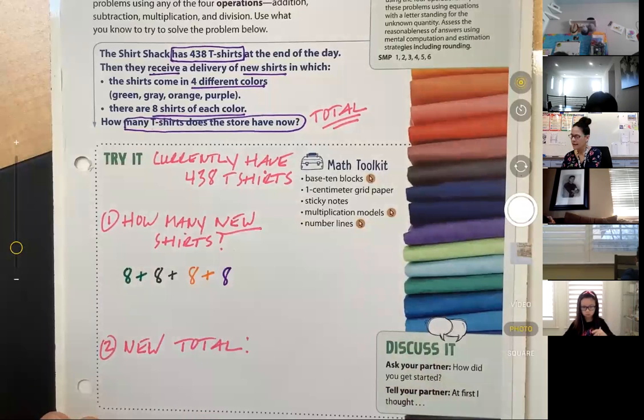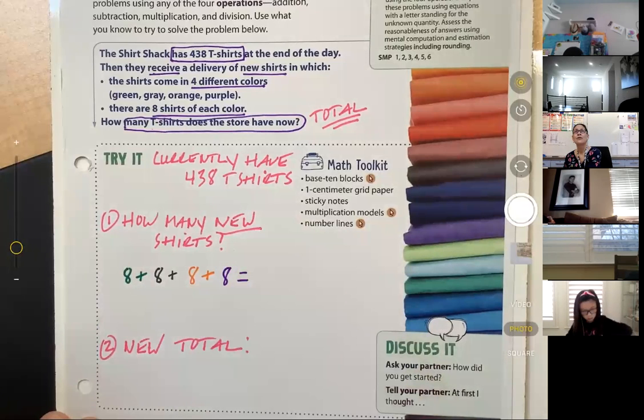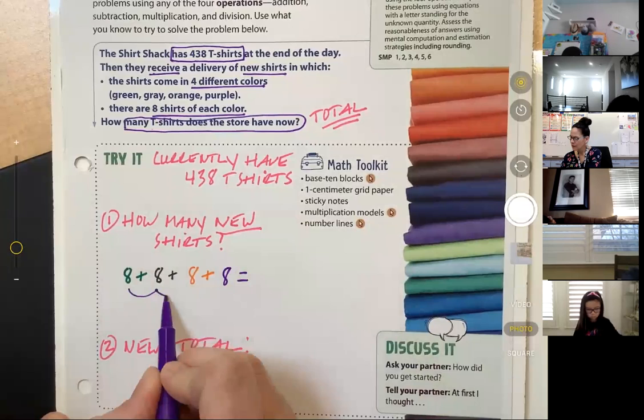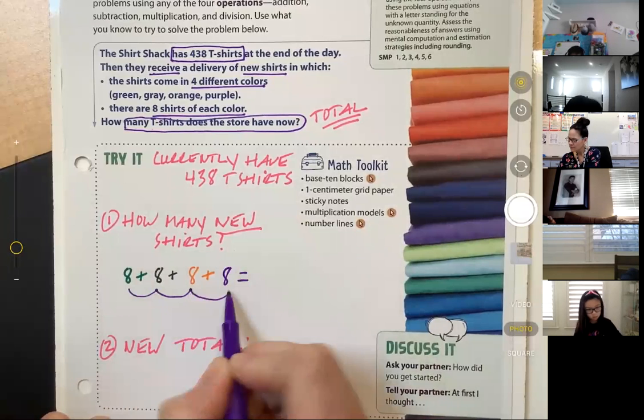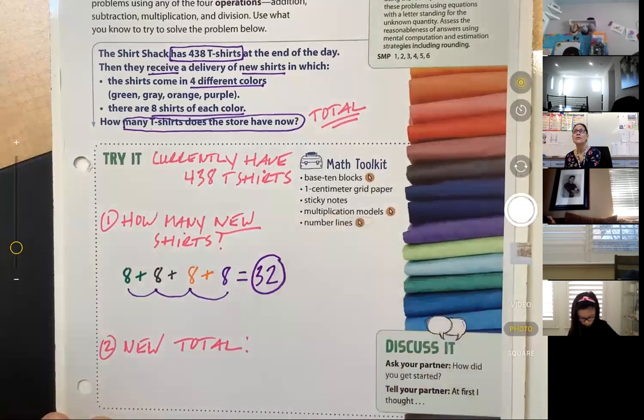And if I forward count by 8, or if I do multiplication, 4 times 8, remember multiplication is adding together equal groups, right? So I have 8, 16, 24, 32. So I have 32 new shirts.